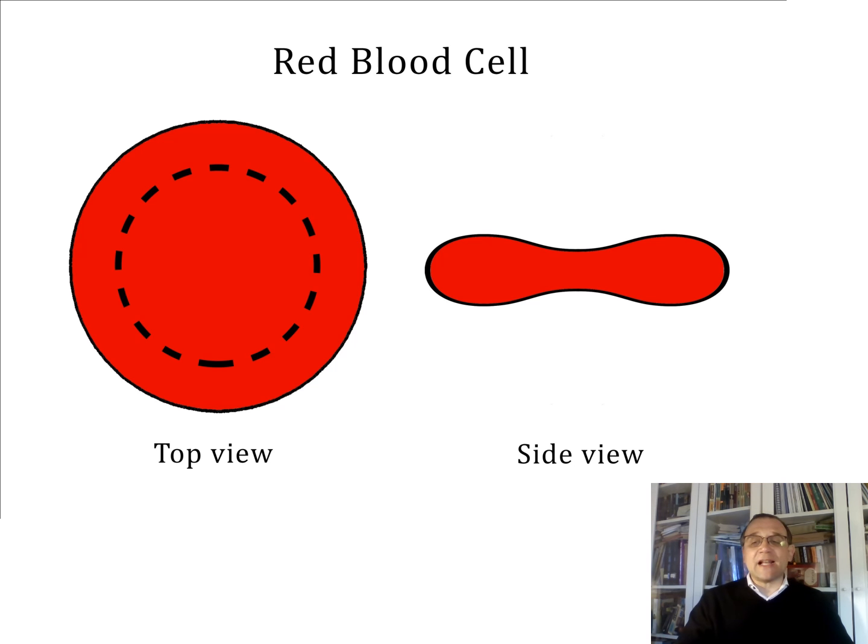When they mature, they dump out their nuclei. Why? Because a red blood cell is so preoccupied with getting as many hemoglobin molecules in there as possible. Hemoglobin molecules are very important. They bind to oxygen, and that's how red blood cells deliver oxygen throughout the body. So they dump out the nuclei.